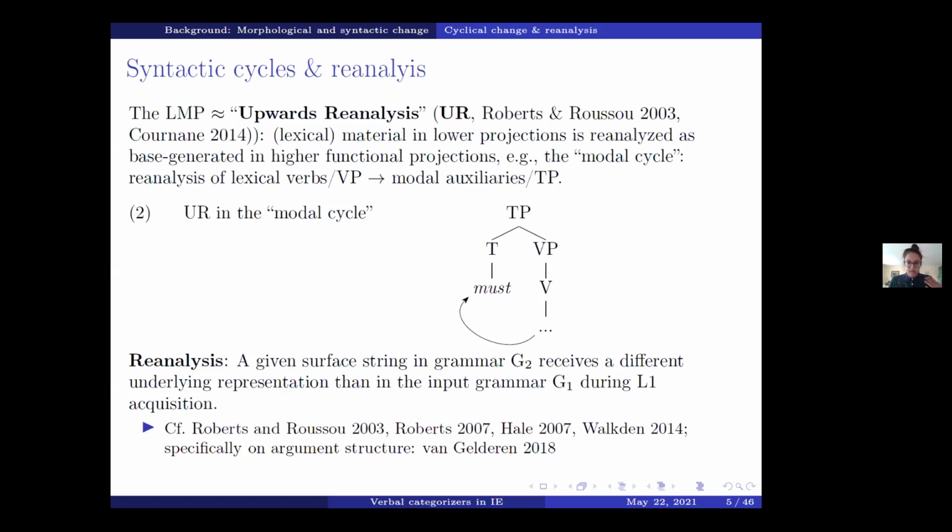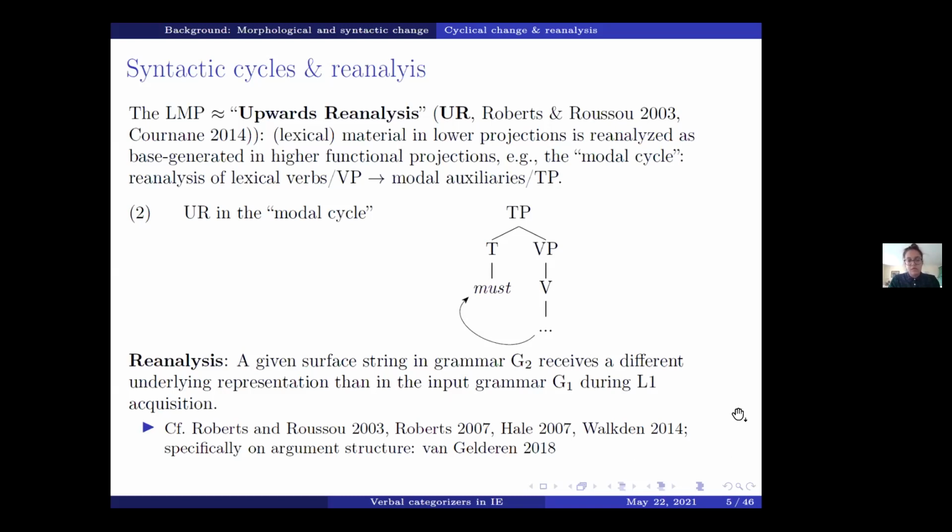And these approaches are based on fairly standard definitions of reanalysis, where reanalysis is simply a mechanism where a given surface string in an acquirer's grammar receives a different representation, a different parse than in the input grammar. A fairly standard definition, I think.